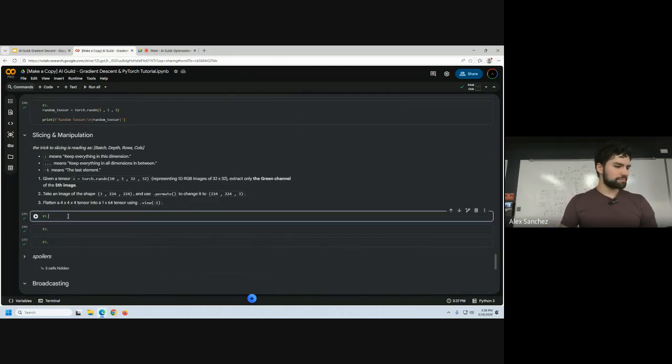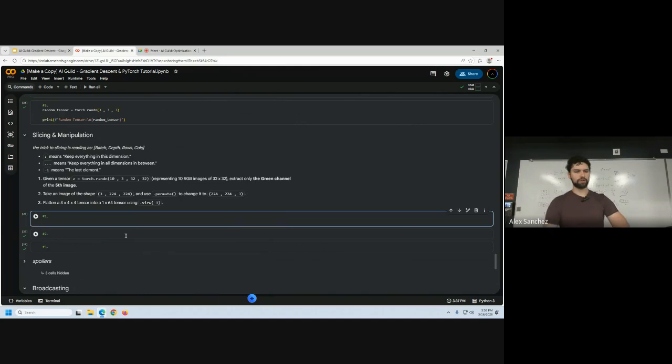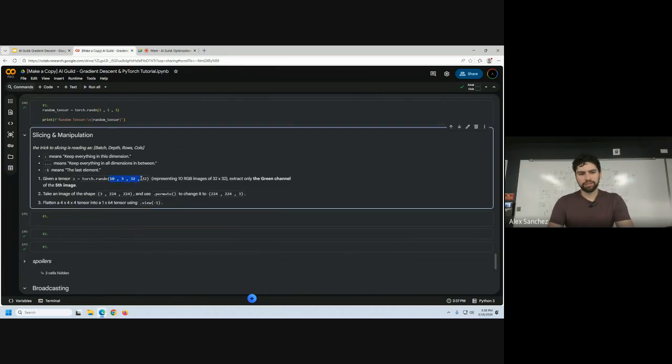Slicing and manipulation. This was another one, if you remember the slicing syntax. And here we have a couple other things. Given a 10 by 3 by 32 by 32 tensor, if we visualize this as images, these are 10 RGB images of 32 by 32. We want to extract only the green channel of the 5th image.